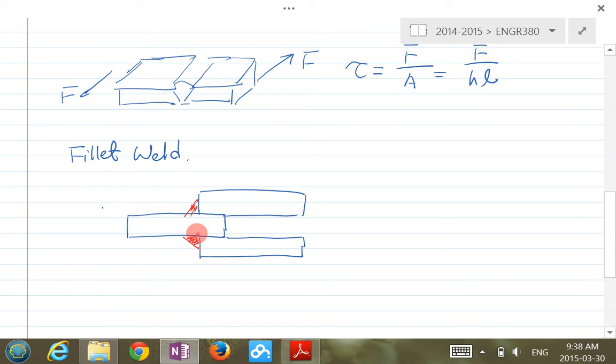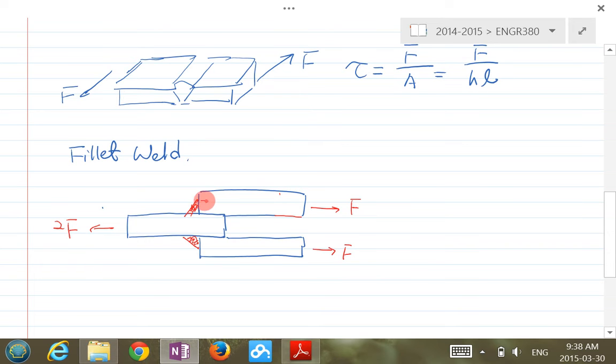Now we apply the force, the loading. Let's say this is F over here, and this is 2F. If this is H, I should probably write it more precisely.